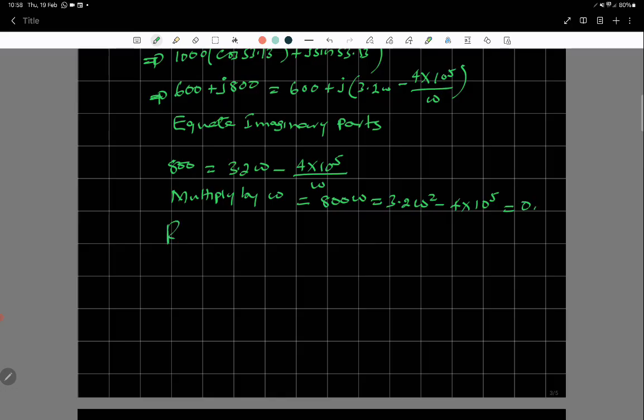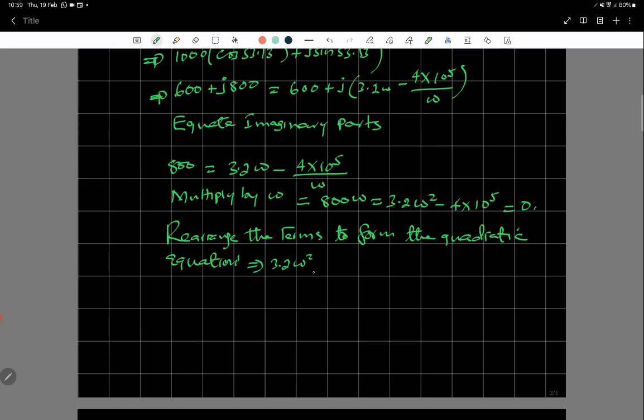So rearrange the terms to form the quadratic equation, which is equal to 3.2 W squared minus 8 W minus 4 times 10 power 5 equals 0.